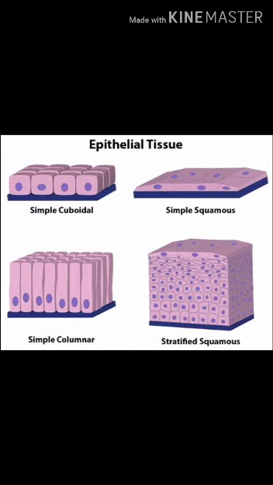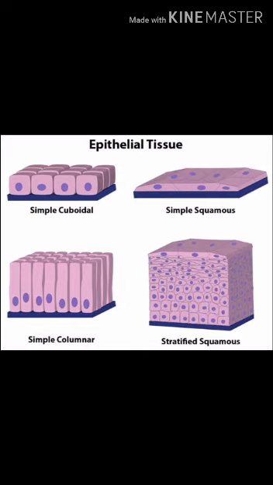Where absorption and secretion occur, as in the inner lining of the intestine, we call it columnar, meaning pillar-like. Epithelium facilitates movement across the epithelial barrier in the respiratory tract.